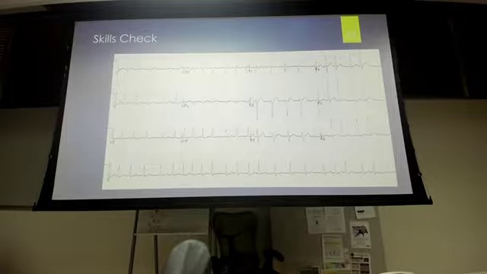Multifocal... What is this? Atrial fibrillation. How do you know? Because there are multiple waves between the QRS complexes. Yeah, so we don't have anything that makes sense in between the QRS complexes.